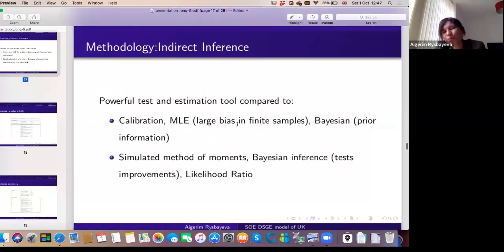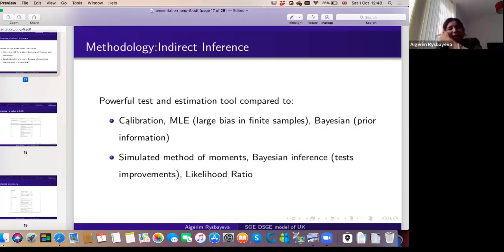In my model, why did I use indirect inference? There are three other methods. Calibration, we know the limitation: it is just calibrating the coefficients. Maximum likelihood estimation has a large bias in the parameters when we have a finite sample, because our data is limited.